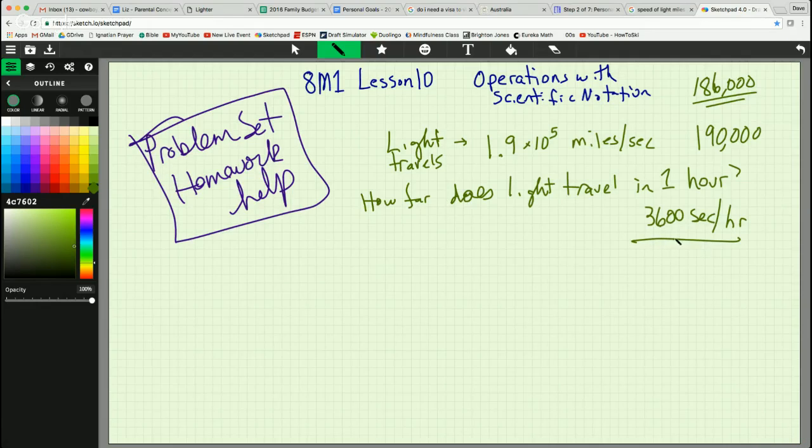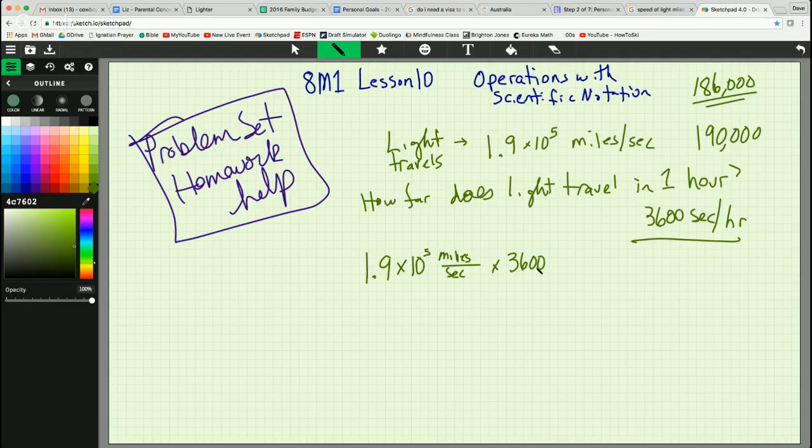So 3,600 seconds in an hour. So if light goes 1.9 times 10 to the 5th miles in a second, in 2 seconds, it'll go 2 times that. In 3 seconds, it'll go 3 times that far. In 4 seconds, it'll go 4 times that far. And in 3,600 seconds, it'll go 3,600 times that far.